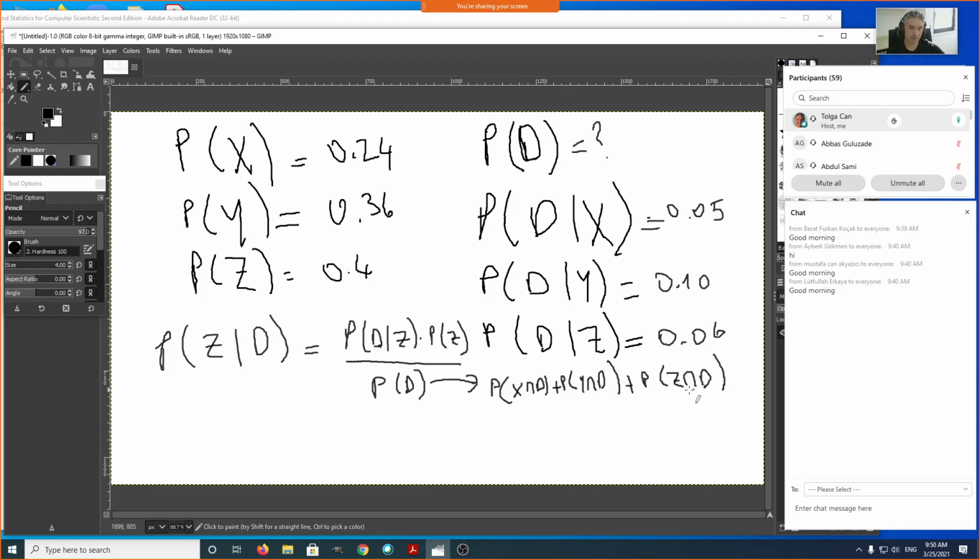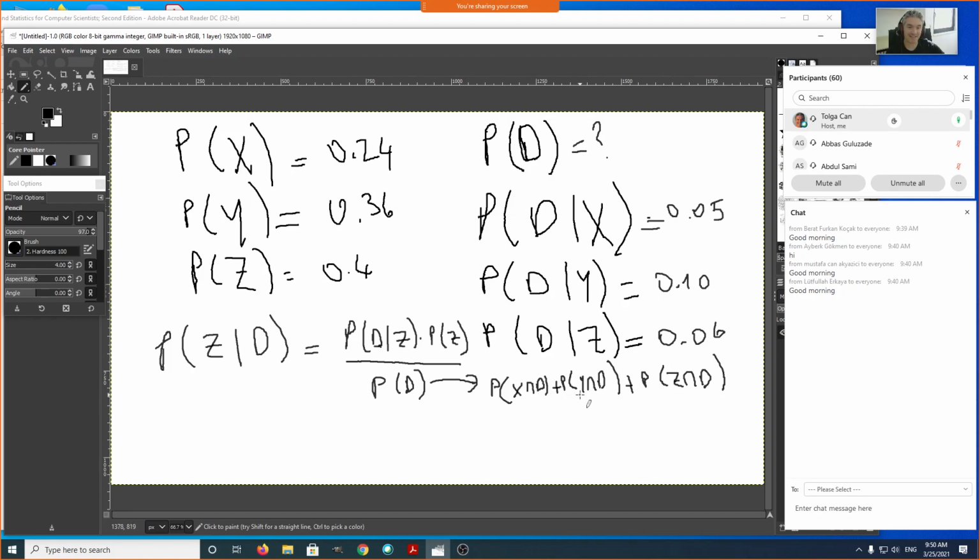The intersections of these three regions are mutually exclusive, so I can add them directly without subtracting anything from them. And since the events X, Y, Z are exhaustive, they're going to cover the entire event D. Therefore, this is the total probability I have for the unconditional probability of D.